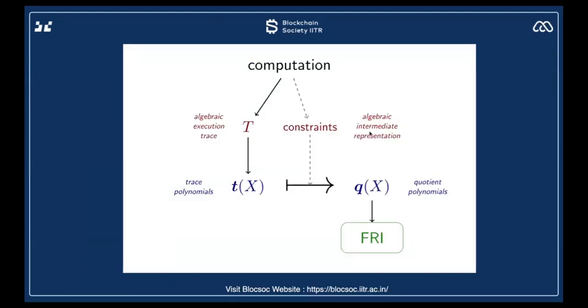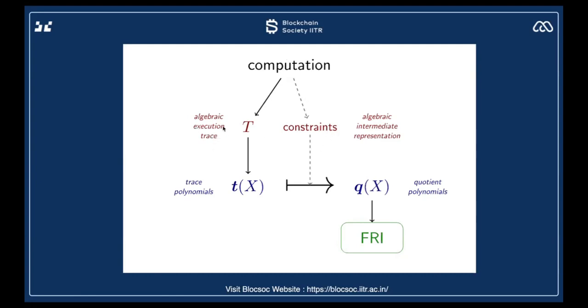So this slide represents the summary of the whole lecture. This is the computation that the prover wants to prove he has done, and he would represent it in some algebraic form. He would generate an execution trace from it, and it has some constraints.